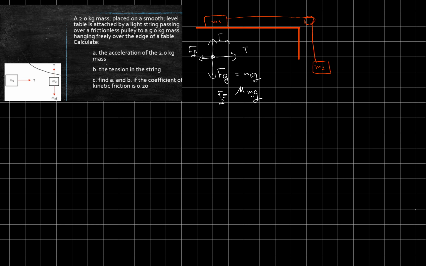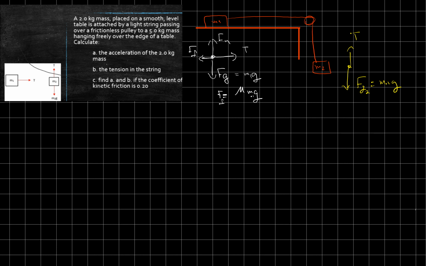For the second mass, we have just the tension in the rope that is slowing it down from free falling, and the force of gravity, which is m2g, for the two forces that act on this object.